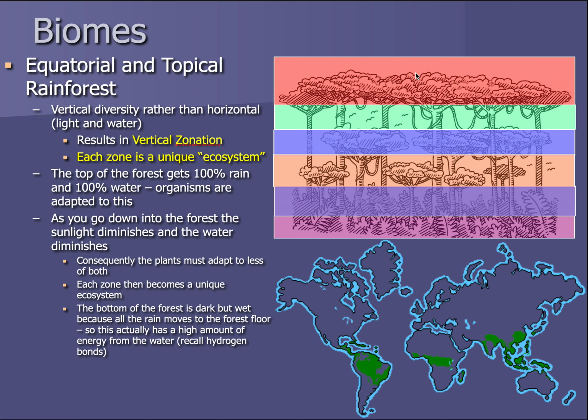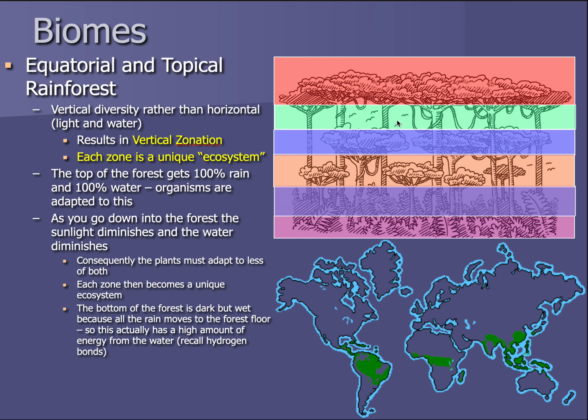E.O. Wilson, an ecologist, spent much of his life looking only at the ecosystem of one tree species. It was so robust and dynamic, and that tree species was different from the neighboring tree species. So keep that in mind.